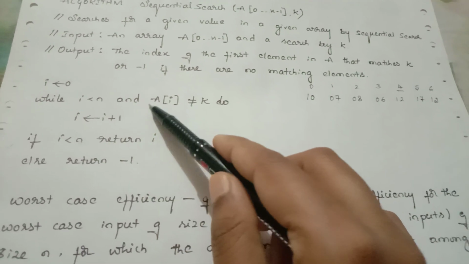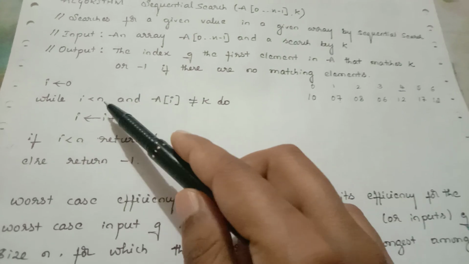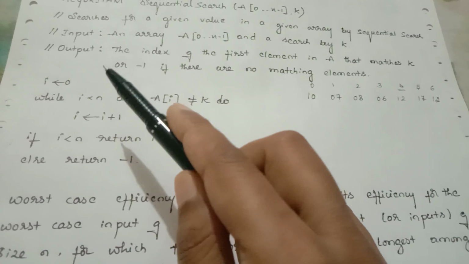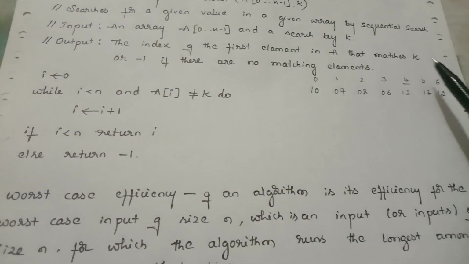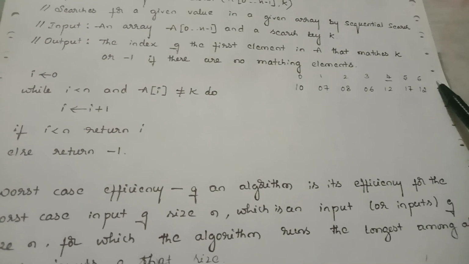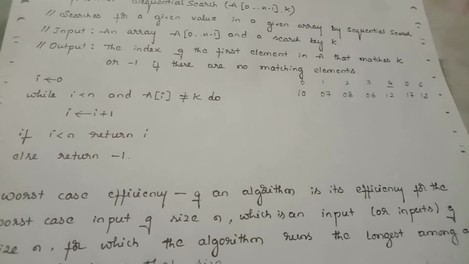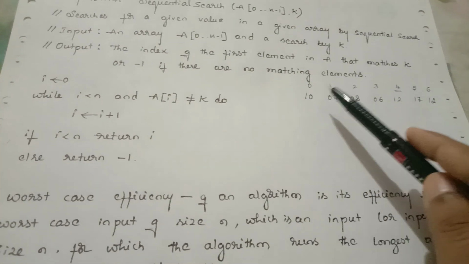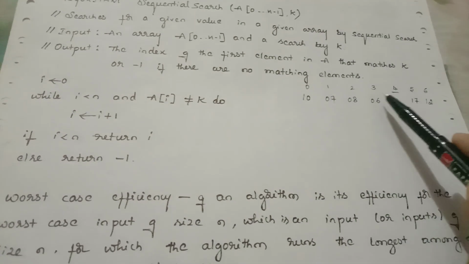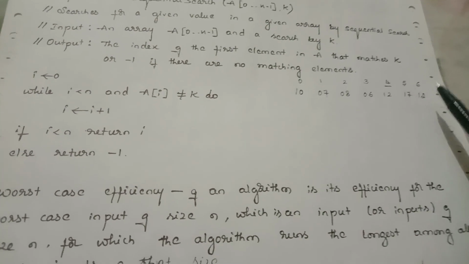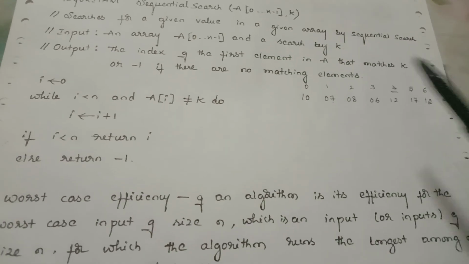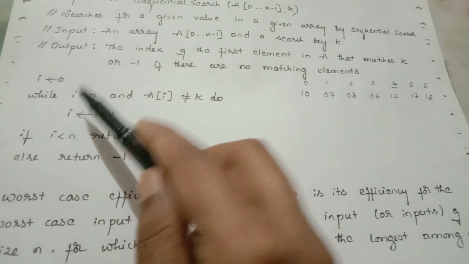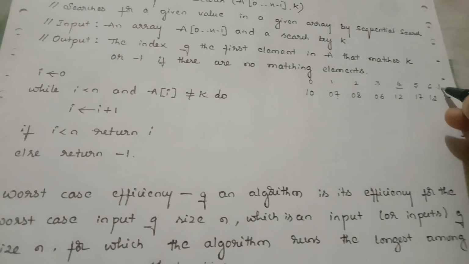Where this while condition stops: you can see whether i is less than n should hold. When it fails, it means we are going beyond the array. Suppose the given key element is 15. We will compare with 10, 7, 8, 6, 12, 17, 12. No, it is not matched. Then we increment the i value and check.